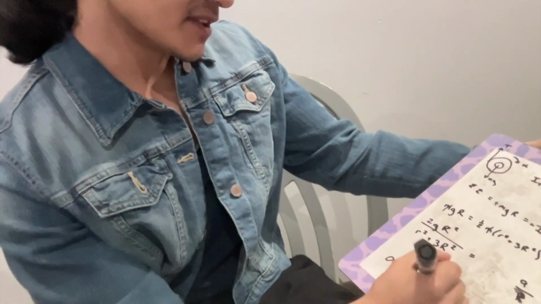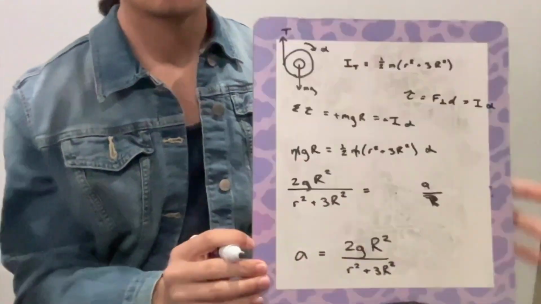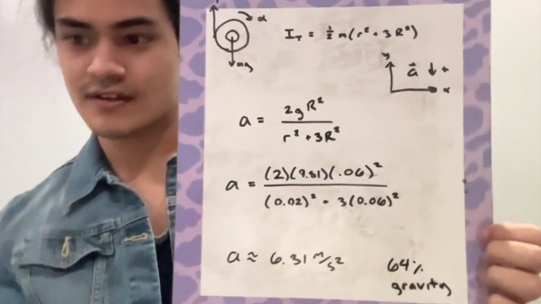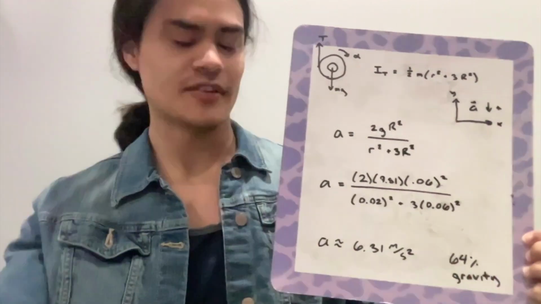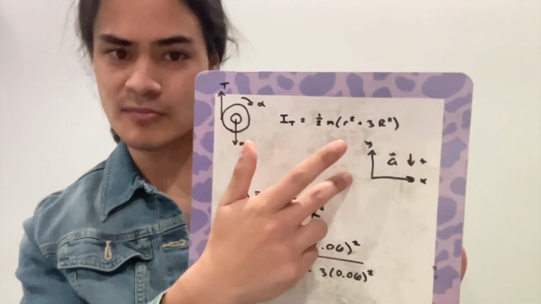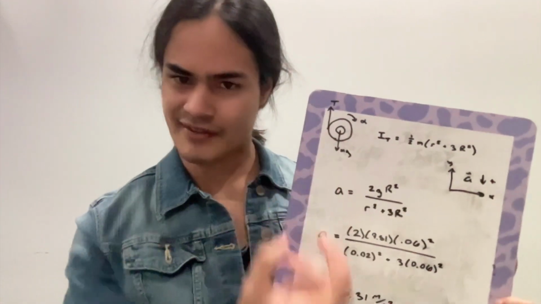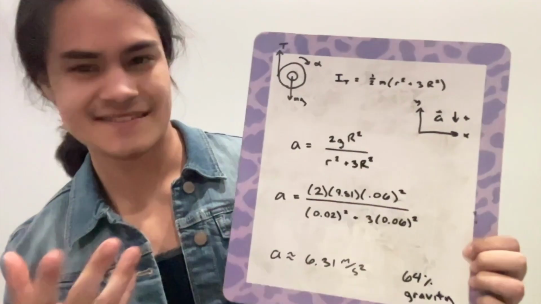So a is going to be 2gr squared over little r squared plus 3R squared. That's going to be it. By the way, I didn't put the numbers: the inner radius is 2 centimeters, the outer radius is 6. Also for the example, I'm assuming when it's falling down, the acceleration is positive, so mg is positive, tension is negative. That's how I did it.